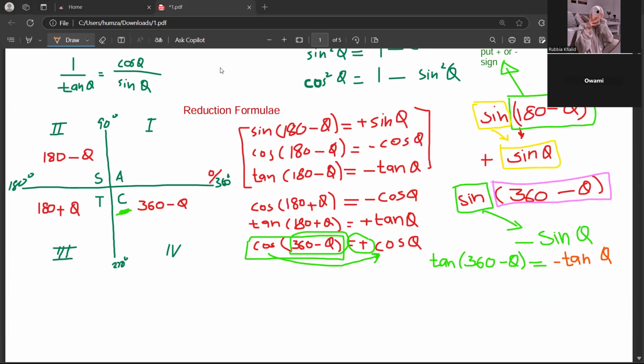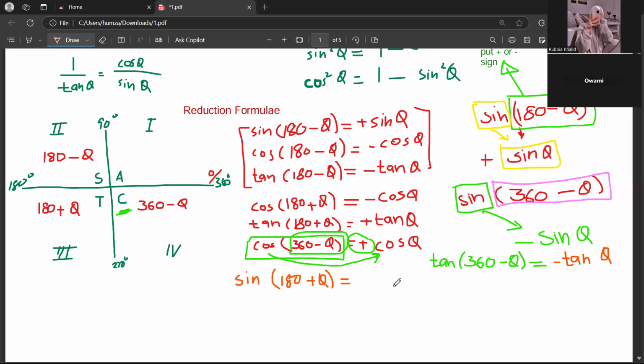What if I give you sine 180 plus theta? What will this tell us? Yes, reduce this angle.